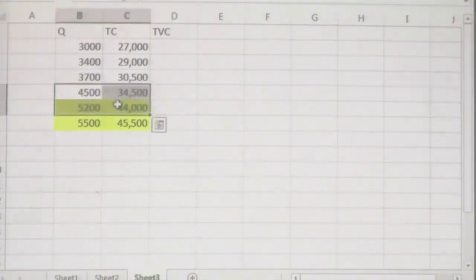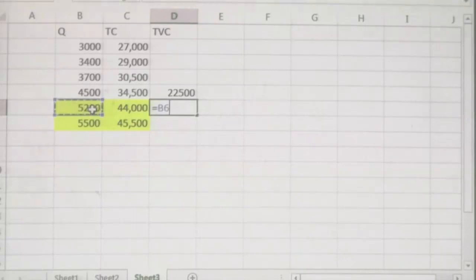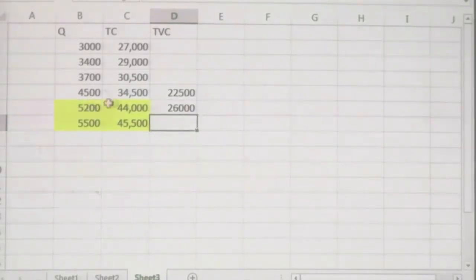Therefore, I will select these two set of information. If I calculate here the total variable cost, that will be 4,500 into 5 rupees, that is the variable cost. If I take this, the total variable cost will be 5200 into 5 rupees. Right, this is the total variable cost.